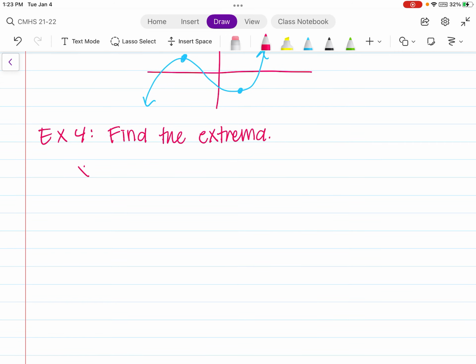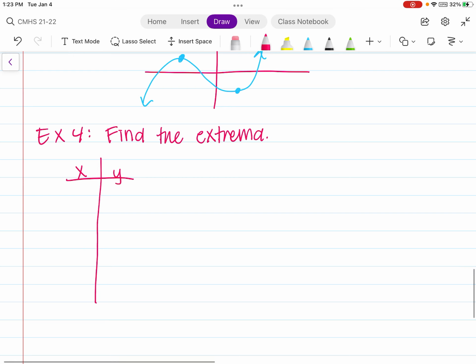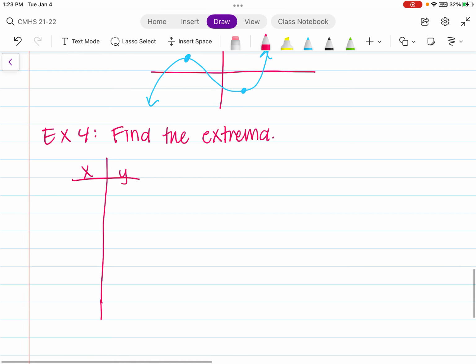Okay, this time, x and y graph again. This time you need 8 spaces. 1, 2, 3, 4, 5, 6, 7. I need one more. Okay, and this time we are going to go from -2 to 5. So -2, -1, 0, 1, 2, 3, 4, 5.